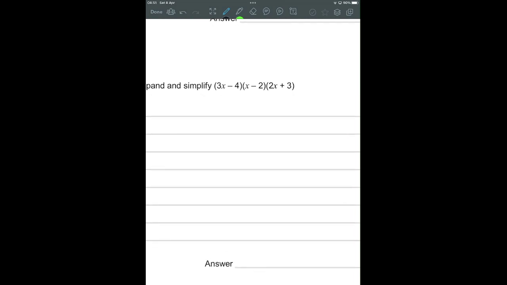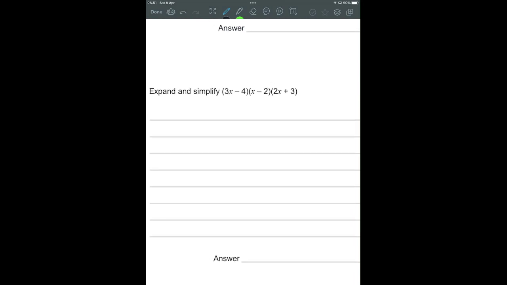Expand and simplify. We have a triple bracket to try and expand and simplify here. I'm going to ignore the back bracket and just do the front 2 first. I'm going to simplify as I go. So I've got my 3x squared in the front, I've got a minus 6x and a minus 4x in the middle, and then a minus 2 times minus 4 plus 8 on the end.